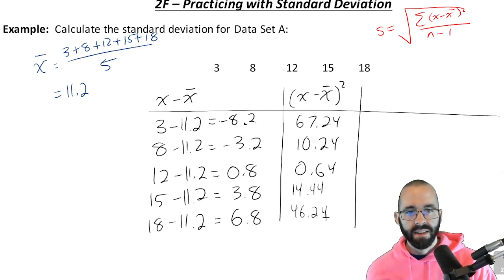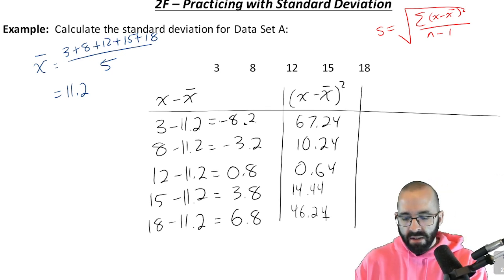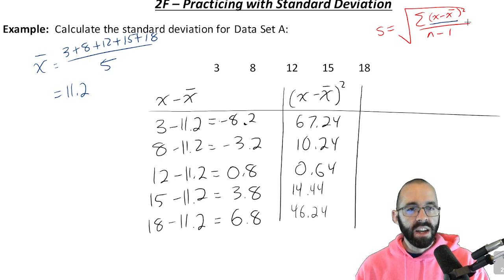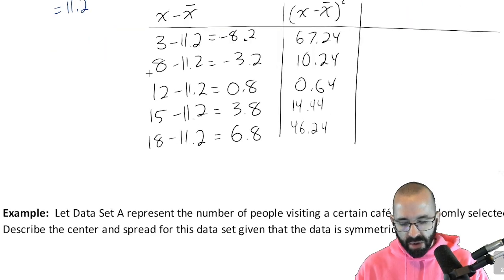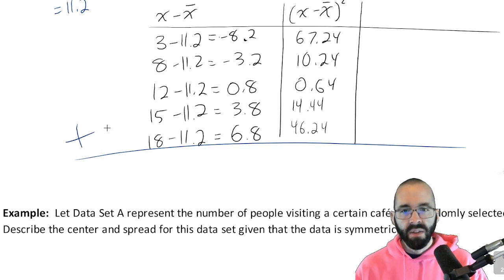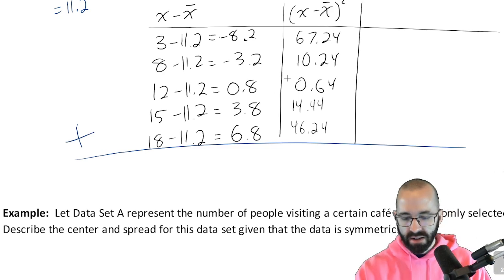Great. What does the formula say? Formula says find the deviations. We did that. Square them. We did that. And then it says to add them all up. Okay? So let's sum them all together.